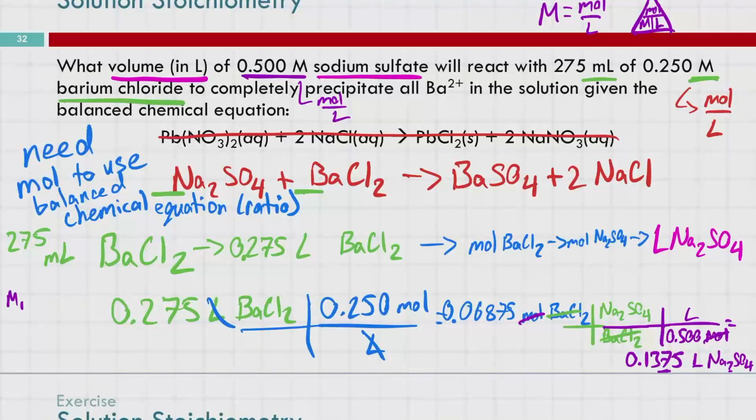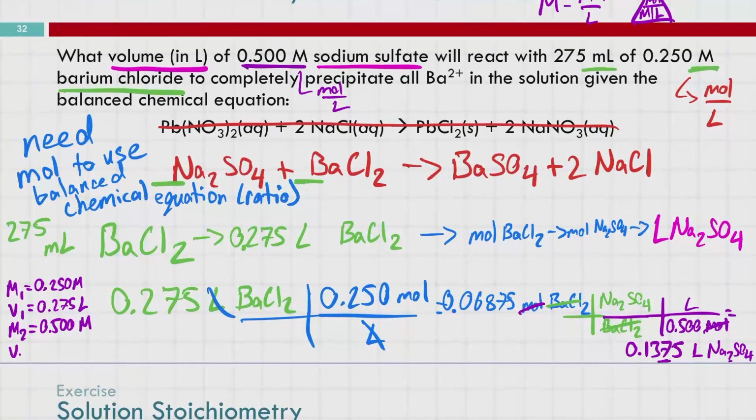Okay, so M1, 0.250 molar. V1, we're going to convert it to liters, 0.275 liters. M2, 0.500 molar. V2, question mark. V2 equals M1V1 over M2.